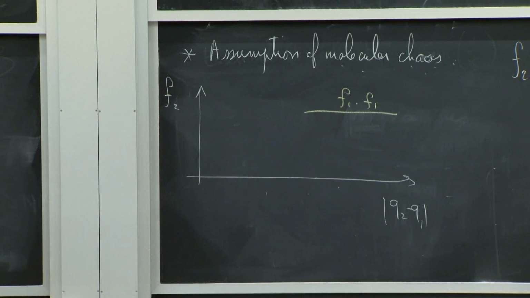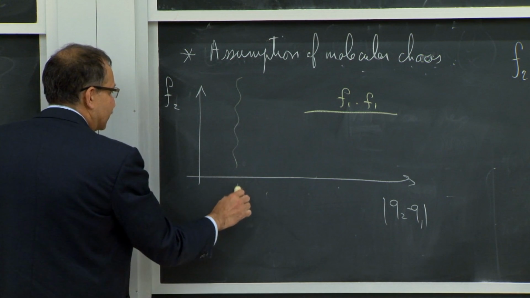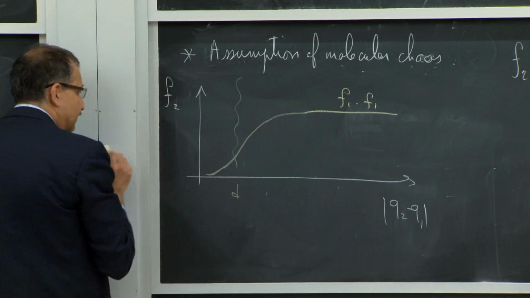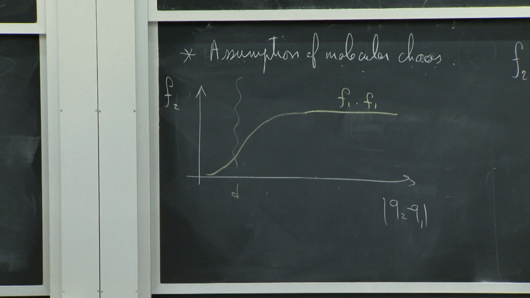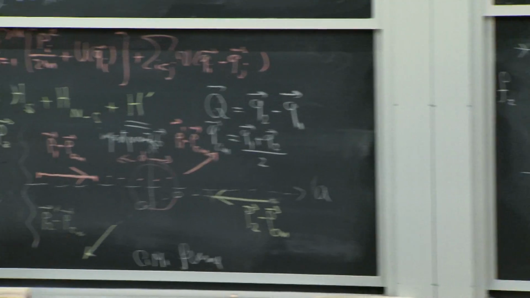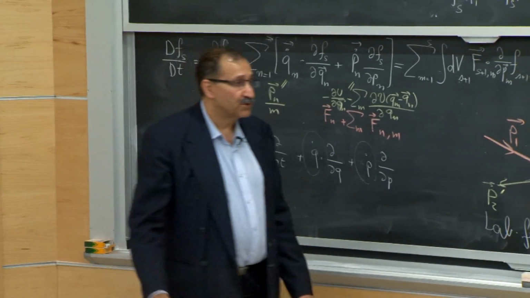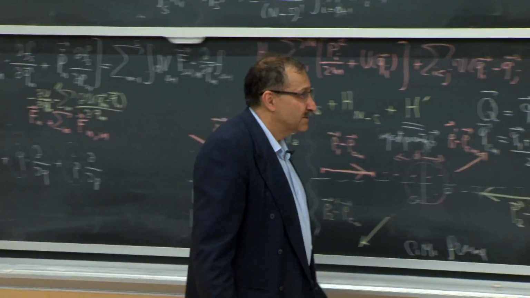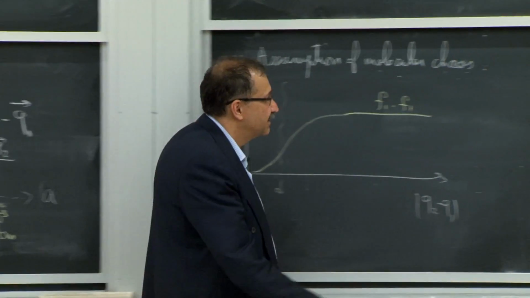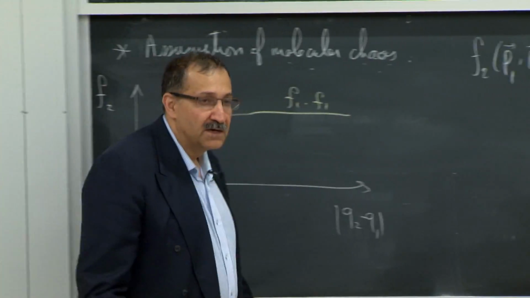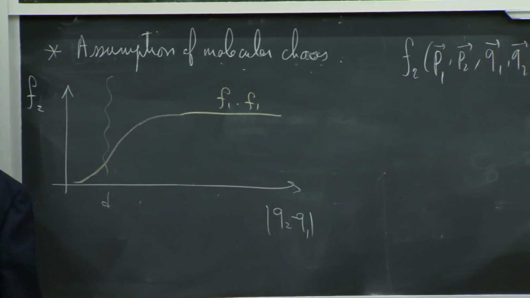But if the two particles come to distances closer than the range of the interaction d, and let's say the interaction is highly repulsive, like hardcore, then the probability should go to 0. So clearly, you can make this assumption, but up to some degree.